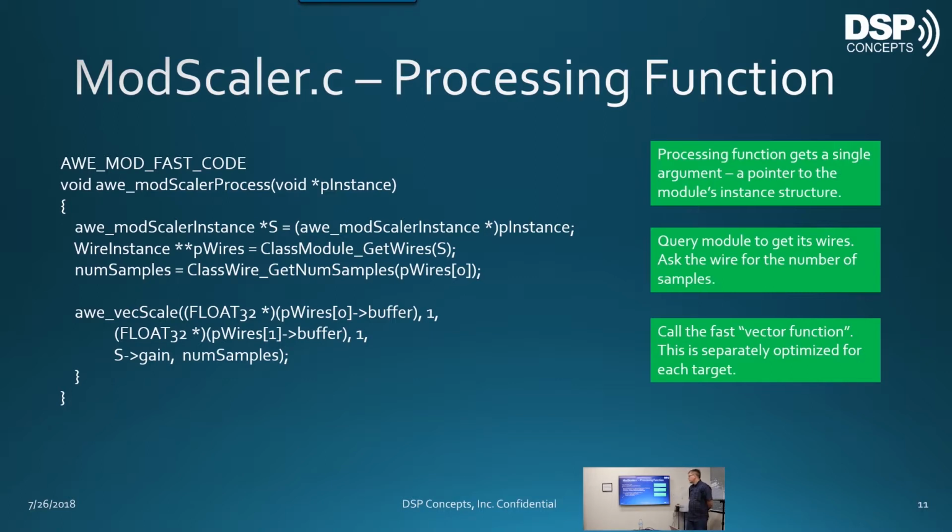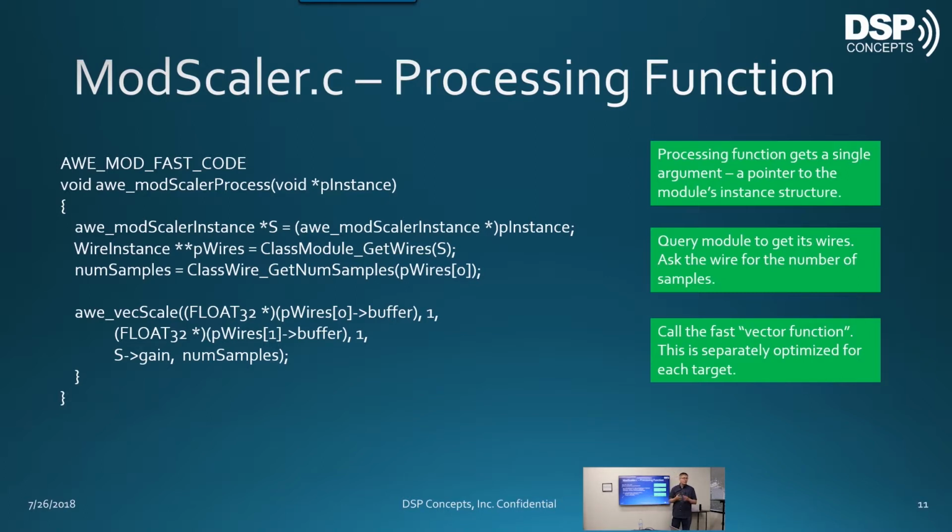And so for the vex scale, you give it a pointer to the input data, a stride, a pointer to the output data, a stride, what gain to apply, and how many samples to process. This is the processing code that you have to write. We've chosen to call these vector functions.